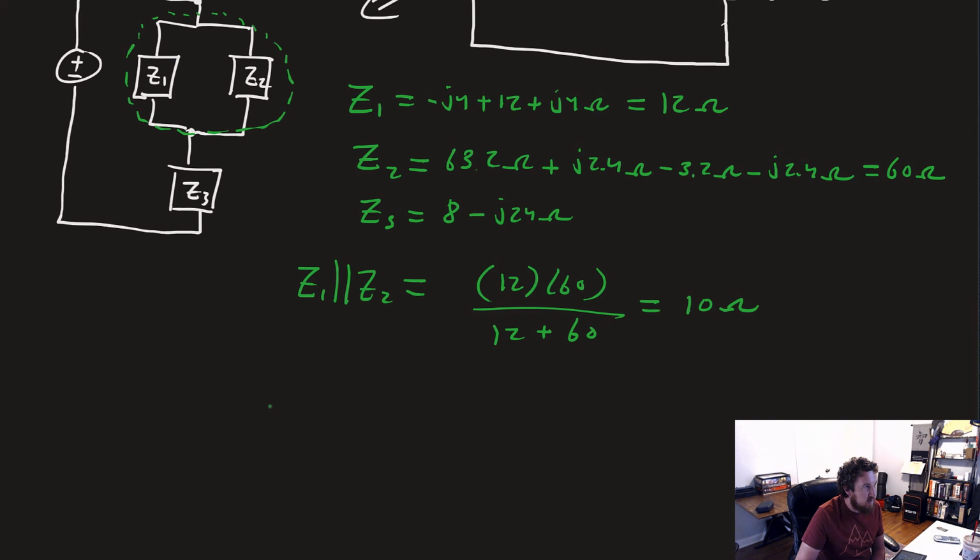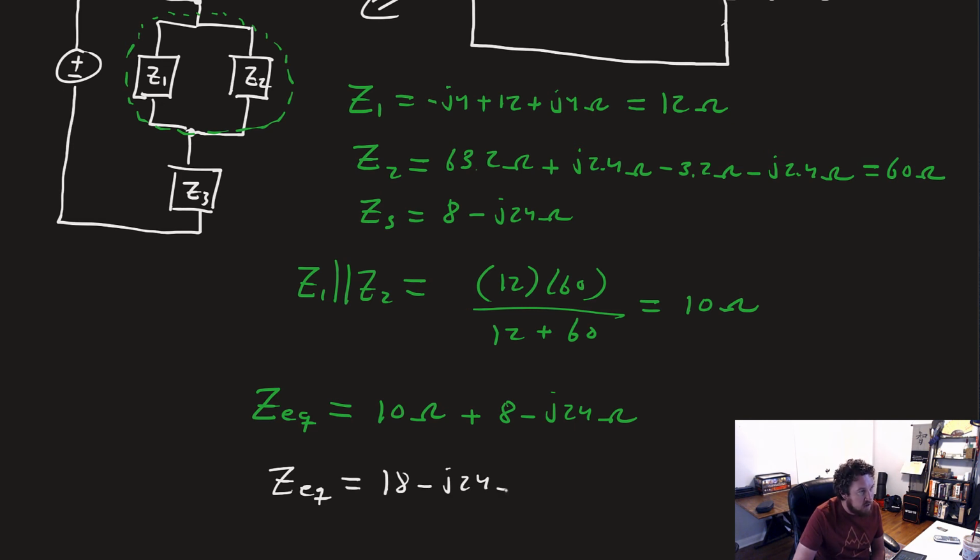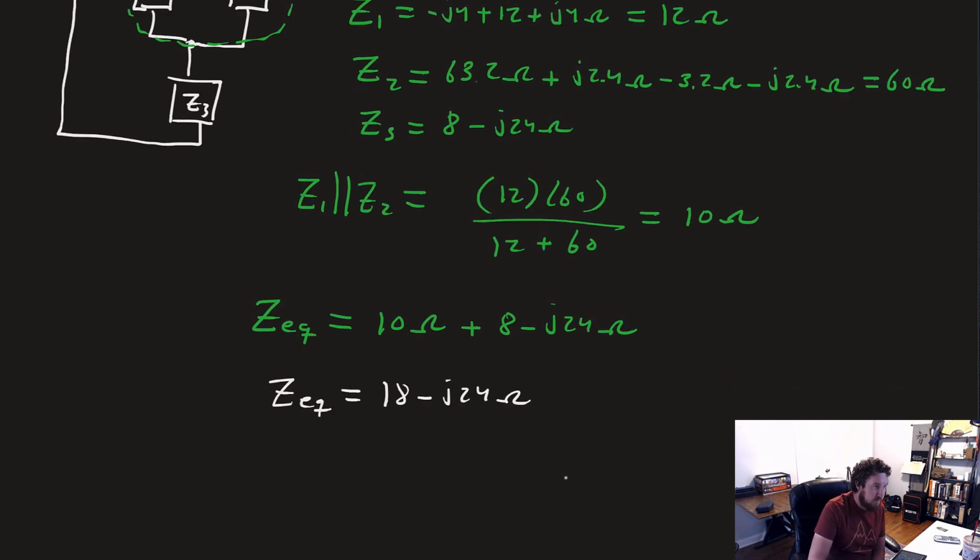And so now finally everything is connected in series, we're ready to say that ZEQ, our equivalent impedance, is just going to be 10 ohms plus 8 minus J24 ohms, which means our equivalent impedance after all of that mess is just what? 18 minus J24 ohms.